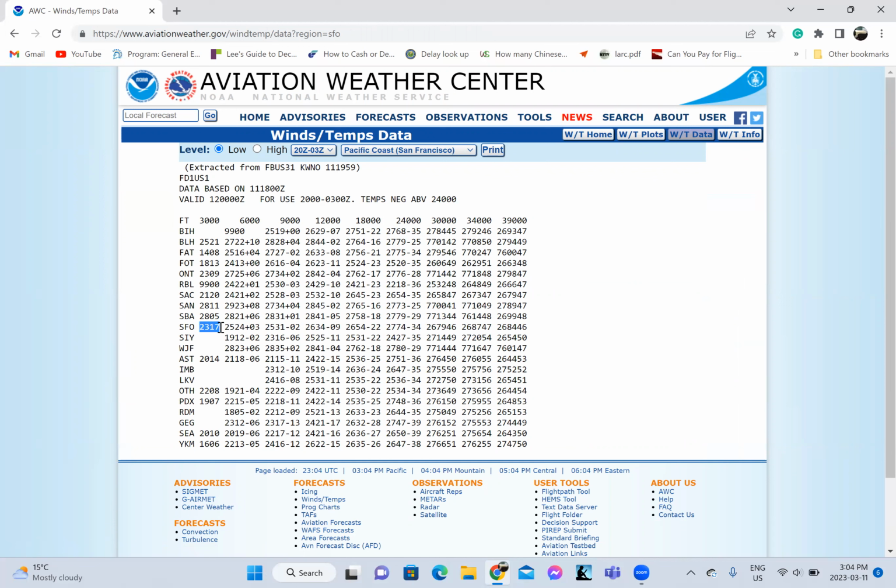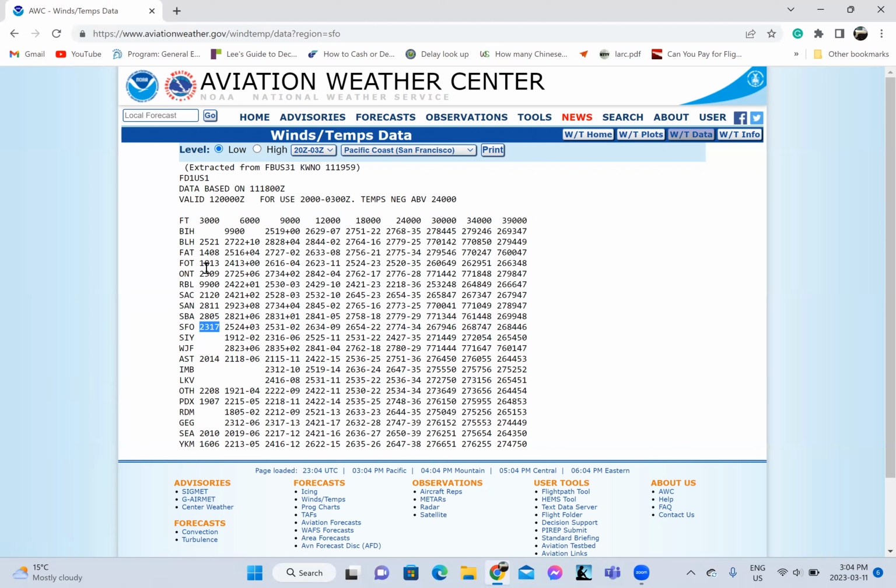So here's San Francisco. The first two digits are the true heading of the wind, and the next two are the speed. The rule is that for the altitude you want to find wind at, at 1,500 feet, wind will be provided. Above 2,500 feet AGL, you'll get a temperature.